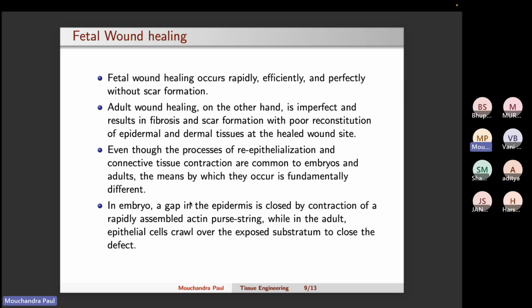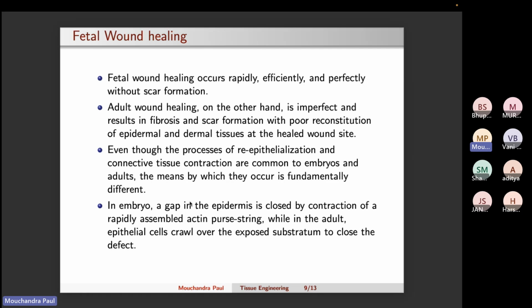All right, and it can actually affect, if you imagine, if you graft this kind of a porous scaffold on a wound area, the porosity plays a very important role. It actually helps in diffusion of the nutrients and oxygen.